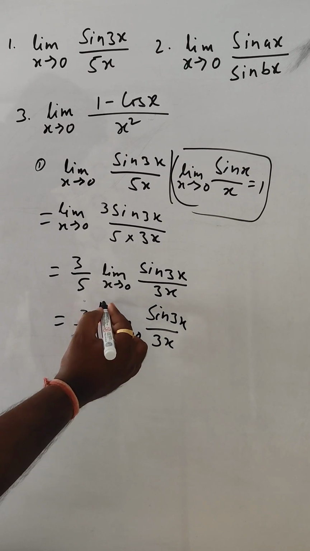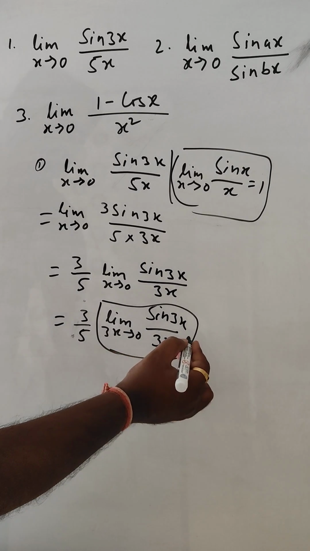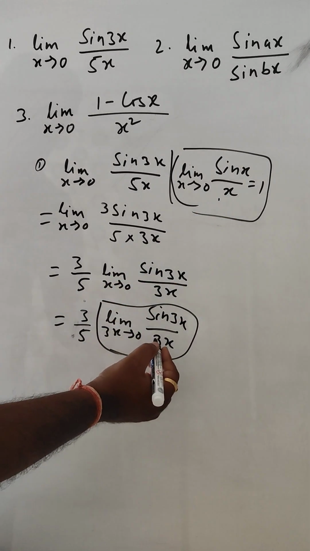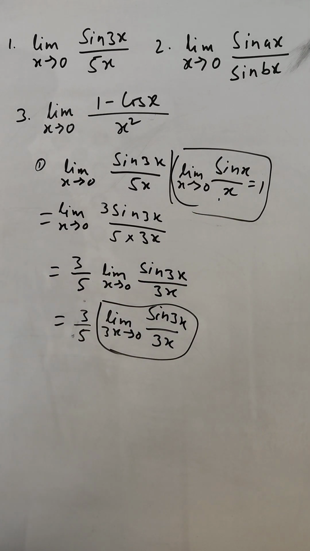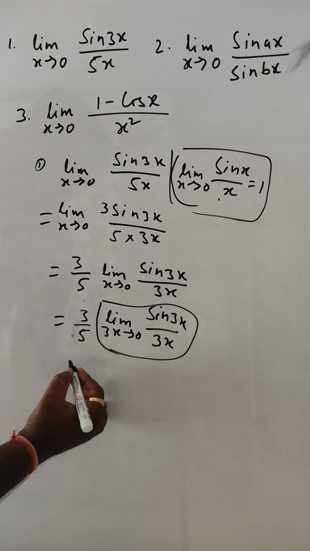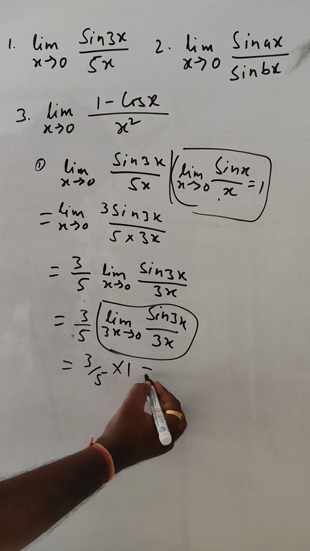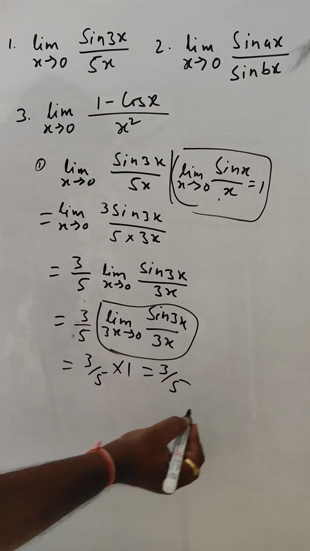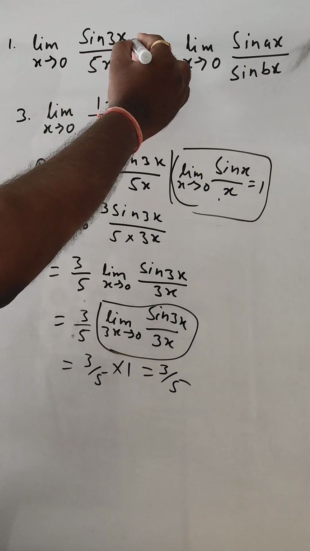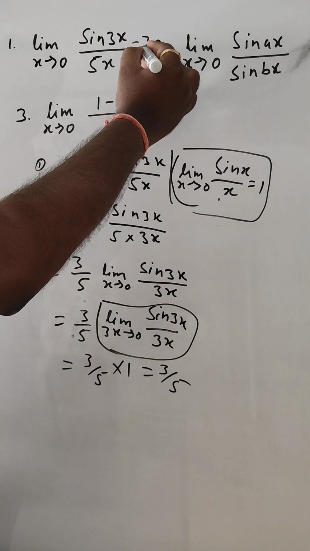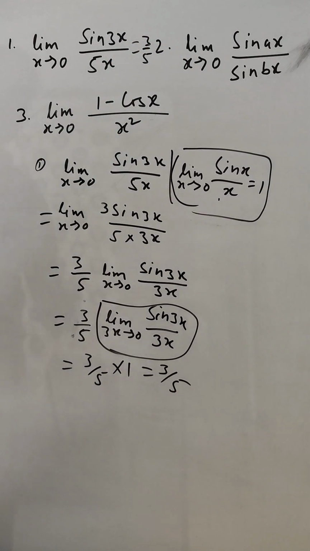Okay, so this one is similar to the formula, so the value of this will be 1. So 3 by 5 into 1 is equal to 3 by 5. So the answer of this problem is 3 by 5.